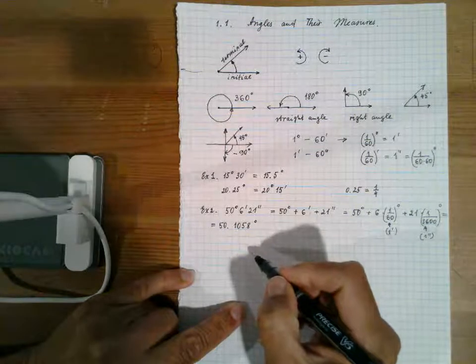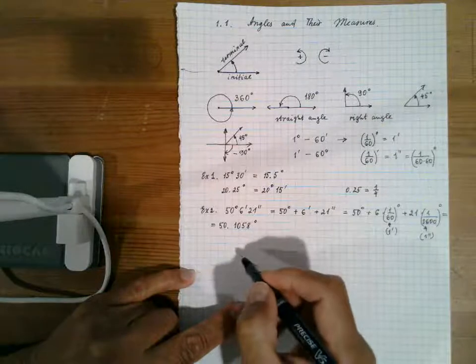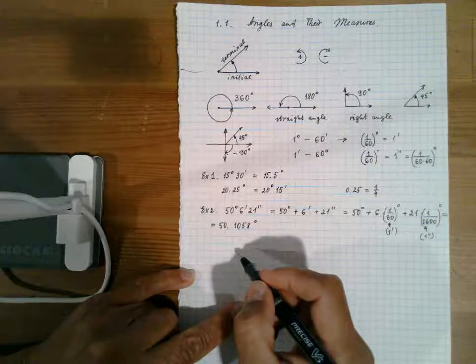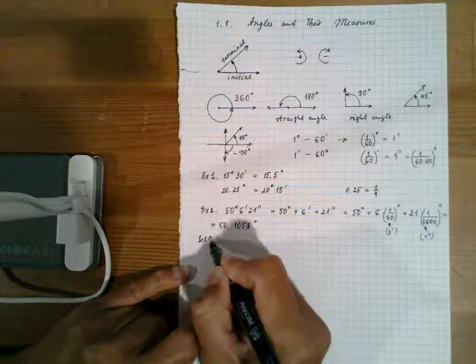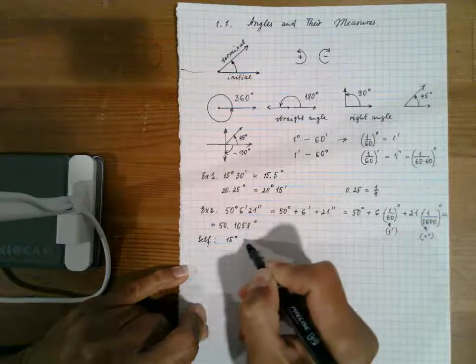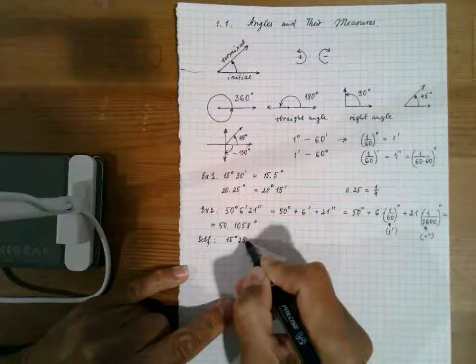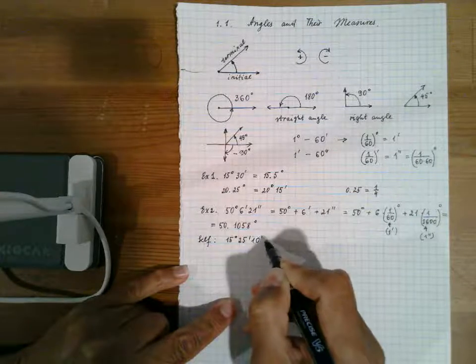Now, guys, I'm going to usually do this in my lectures. I'm going to ask you to solve a problem by yourself, which means that I'm writing down a simple problem similar to what we did already. 15 degrees, 25 minutes, and 10 seconds.